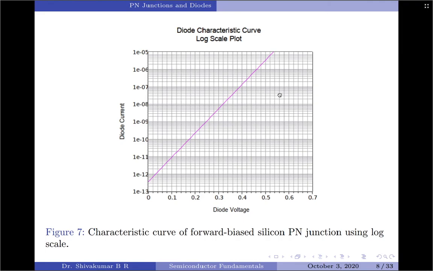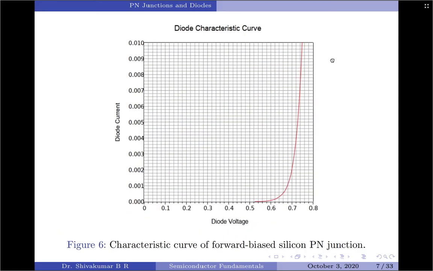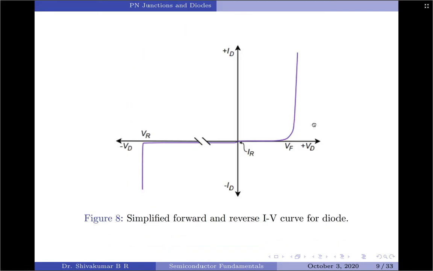When the reverse voltage is large enough, the diode will start to conduct, and this is shown in the figure here. In the first quadrant, we see the same general shape we found in the previous diagram, where Vf is the knee voltage or threshold voltage, which is roughly 0.7 for silicon.